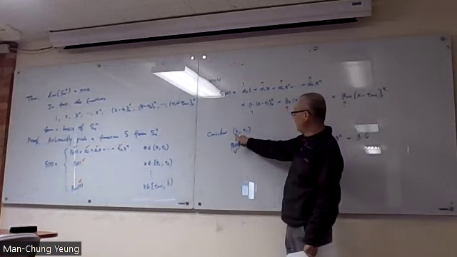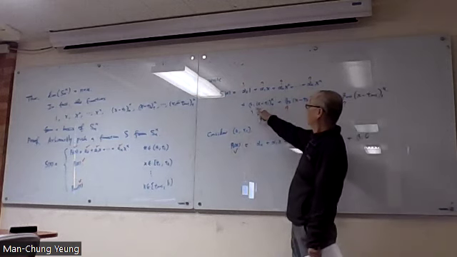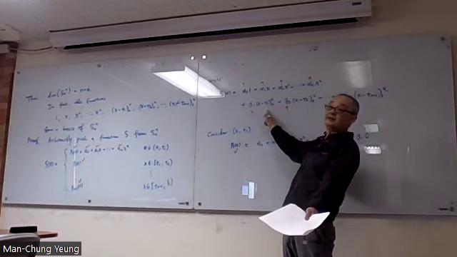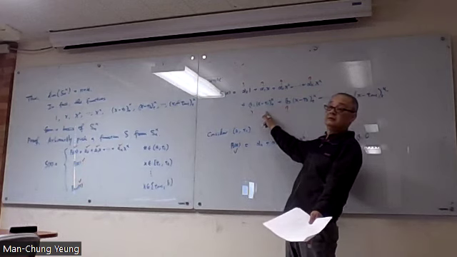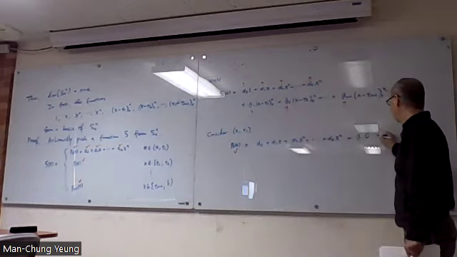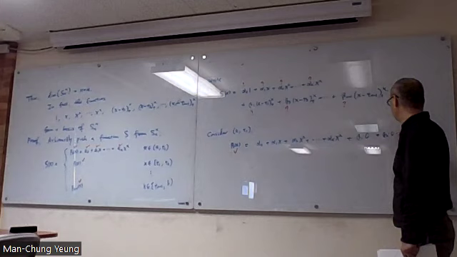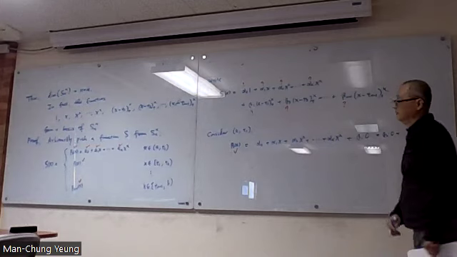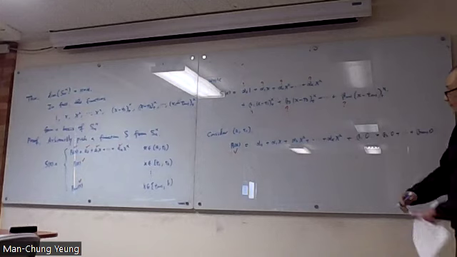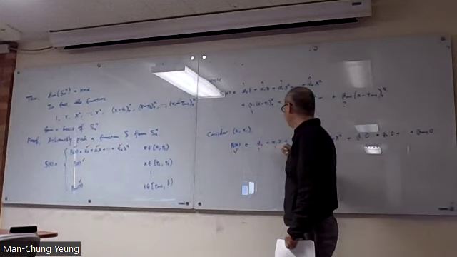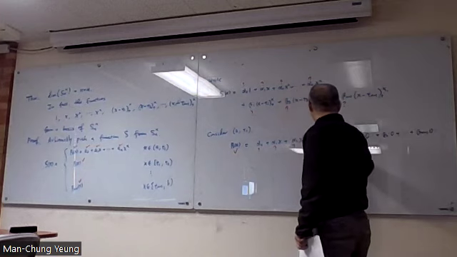When x is between A and T1, this must be 0. Definition of truncated function. And also this is 0. Plus beta 2 times 0, beta n minus 1 times 0. Right? Alpha unknown. Okay. Unknown.